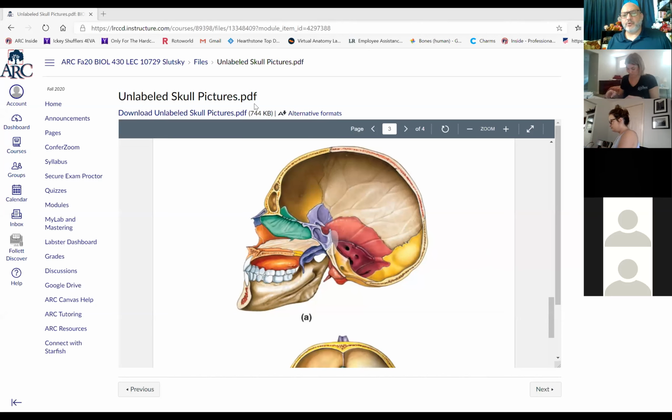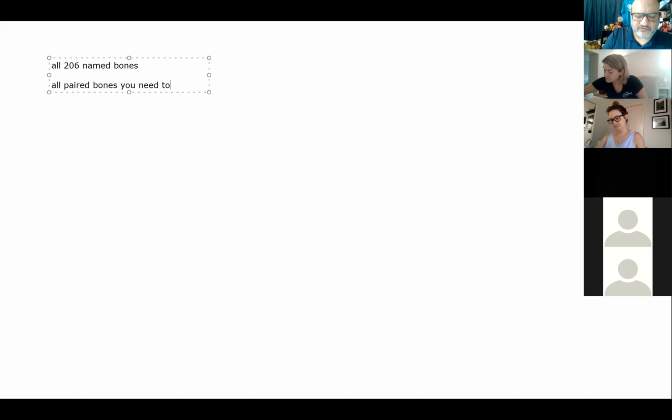All right, so you have a precise list of bone features. Let's go to the whiteboard to finish this off. Go ahead and clear this. So again, we have things you're responsible for. All 206 named bones, all paired bones. You need to distinguish left versus right.